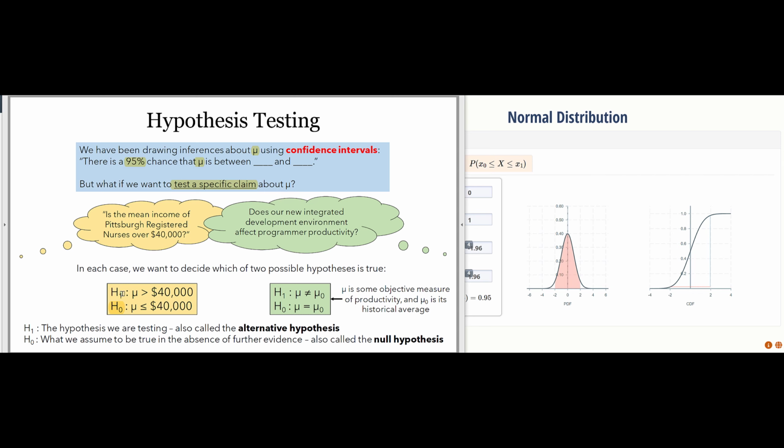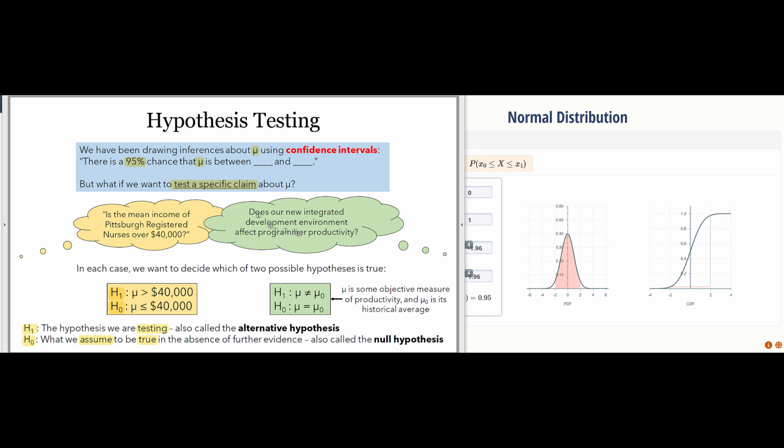And then the alternative hypothesis, in this case, would be that the mean income of Pittsburgh registered nurses is, in fact, greater than $40,000. Okay? So the alternative hypothesis is the hypothesis that we're testing, and the null hypothesis is the one that we either assume or fear is true without having done any further analysis. All right, so this is a hypothesis where the alternative is testing whether the mean is greater than something.